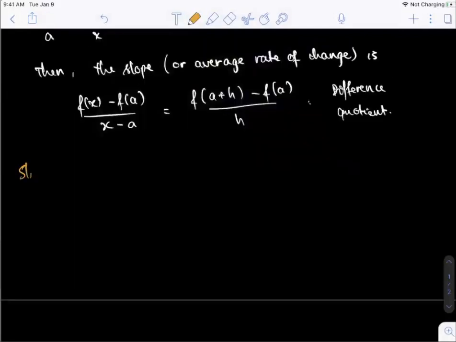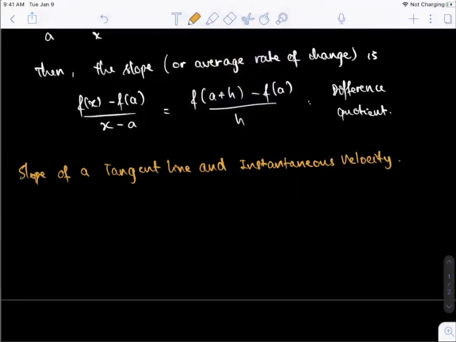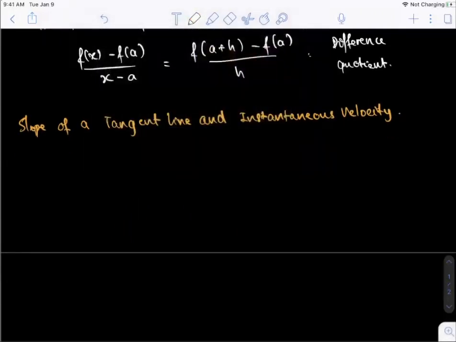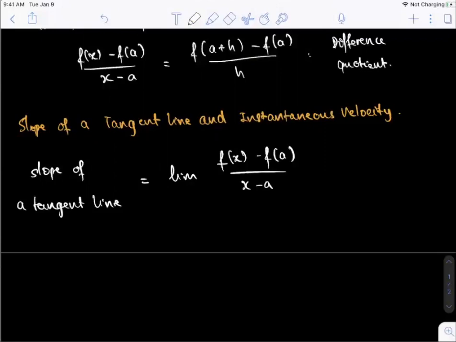The slope of a tangent line and instantaneous velocity. Right, so the slope of a tangent line is equal to the limit of f(x) minus f(a) over x minus a as x approaches a.